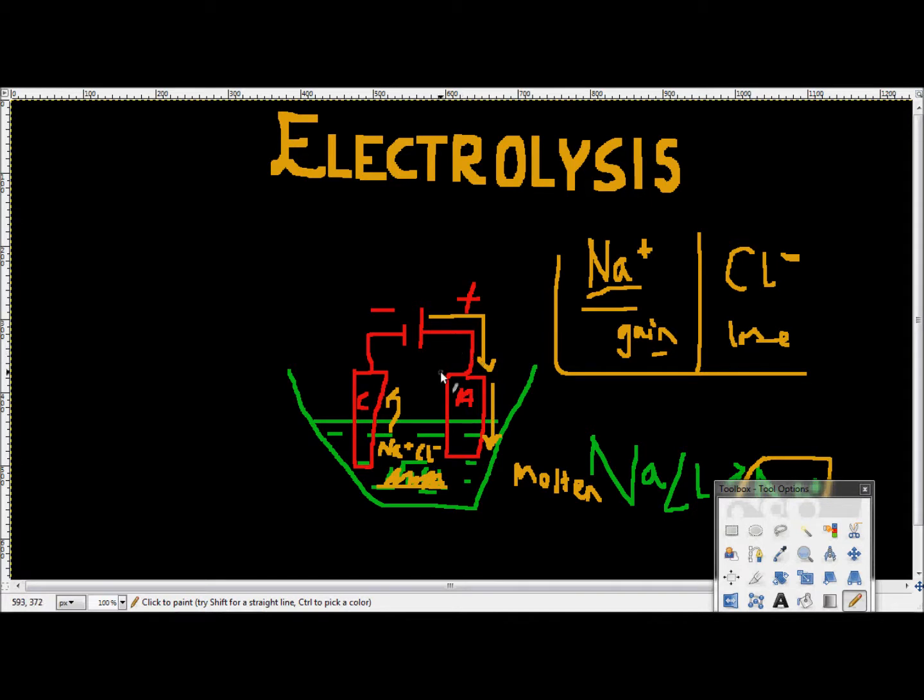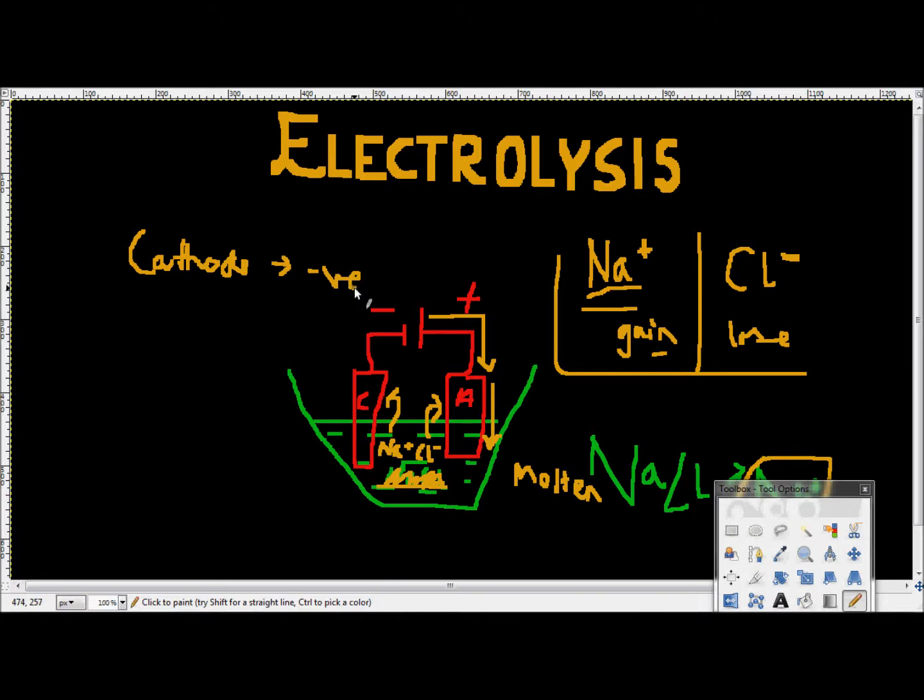Opposite happens for the anode. The anode doesn't have too many electrons, so the anode wants to gain so that this positive becomes stable, while the Cl-, they are already negative, so they want to lose. So these two form a pair, and Cl goes here. That's all there really is. These two are discharged at their respective cathode and anode. The cathode is connected to negative.